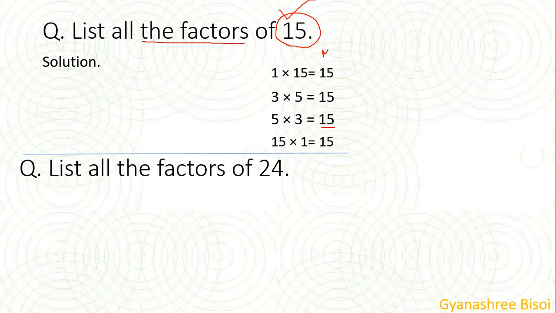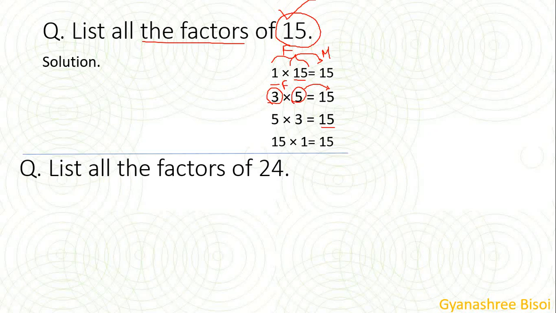This is the multiple and these are the factors. So 1 and 15, these two are the factors of 15. 3 and 5, these two are the factors of 15.